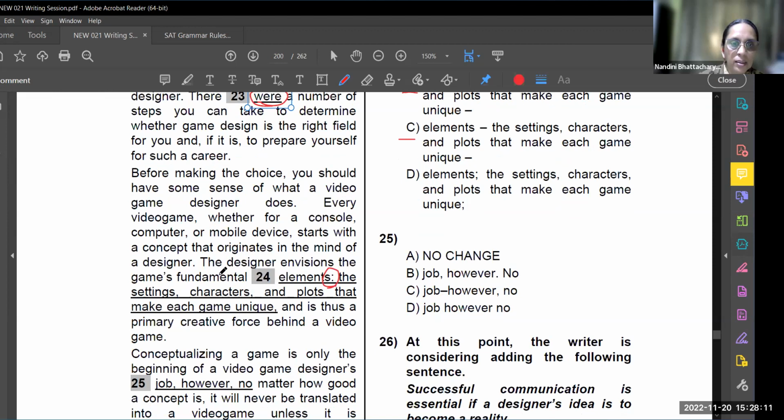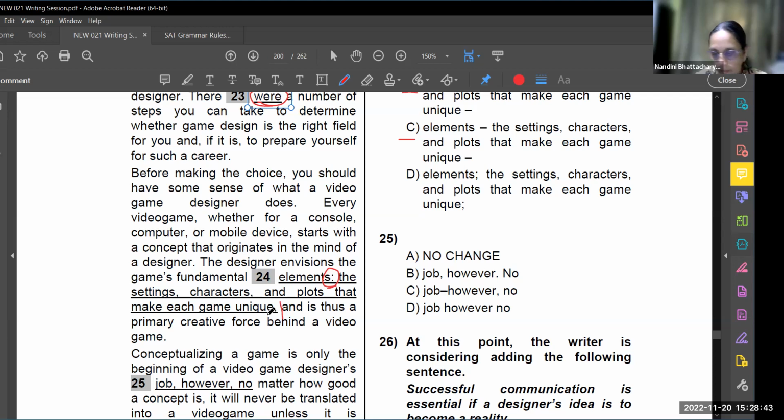The sentence says, the designer envisions the game's fundamental elements, the settings, characters, and plots that make each game unique, and is thus a primary creative force behind a video game. Now, if you look at this portion, and is thus a primary creative force, that comes along with that make each game unique.